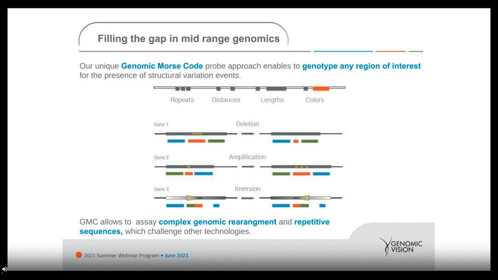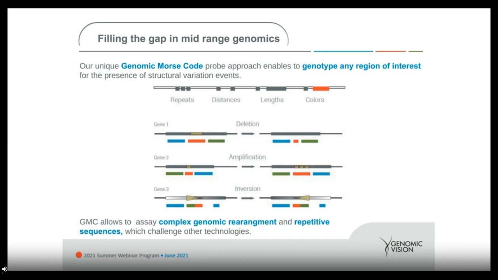And then physically, we can see the genomic rearrangements or the genomic variability that the patient is suffering from. In this case, you can see that there are different sequences. We are able to see repeats. We are able to distinguish distances between two different probes or to measure the length. And all of this is possible because we create an exclusive pattern of color.